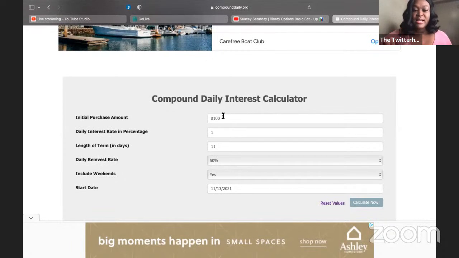Okay. Now, when you're looking at this calculator, your goal is whatever you want to make it. But for this demonstration, we're going to go with an 8% daily goal. And let's say we start the account with $100. So $100 is going to be that seed that we're just going to plant.